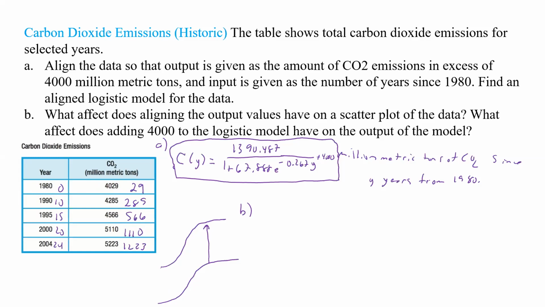All right, what does adding 4,000 to the logistic model have on the output of the model? Well, it puts it back to our original value, okay? And so, if we didn't do that, we wouldn't have the actual value. We couldn't plug in a number and get out the actual number we need, closer to the 5,000. We would come up with something closer to the 1,200 or 1,000, depending on where we were.